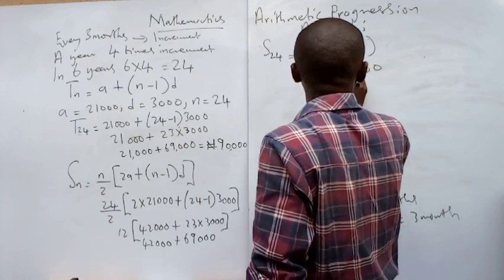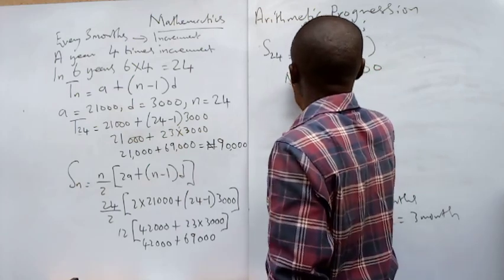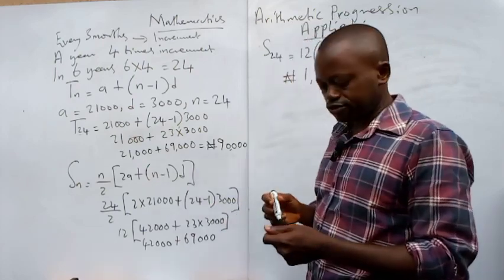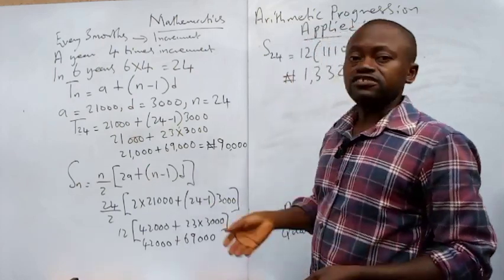This is what this person will take home after the 24th increment, which is after 6 years.